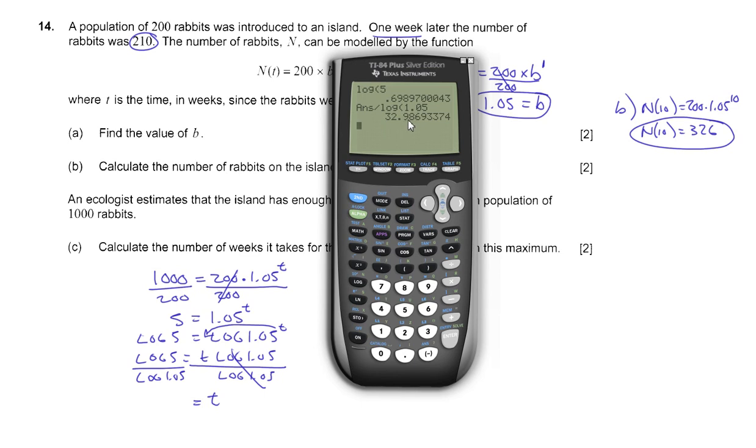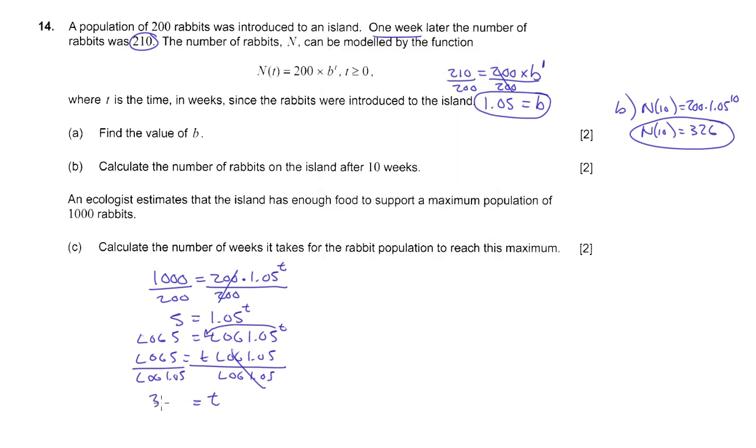Either way, it's going to be 33 weeks, if you round to the nearest week, or even if you round to the nearest tenth of a week. So 33.0 weeks is how long it takes for that rabbit population to get to the maximum.